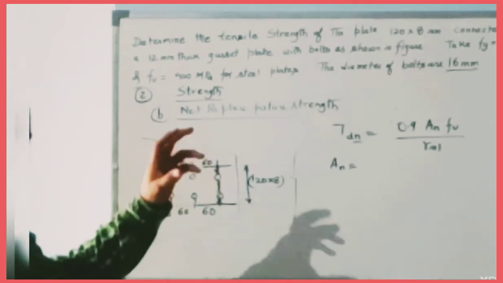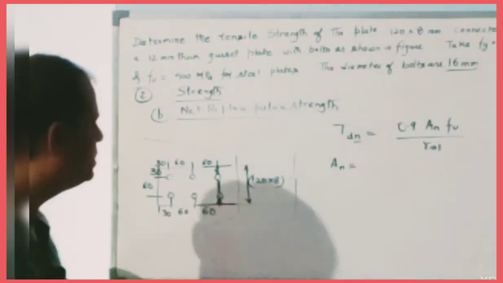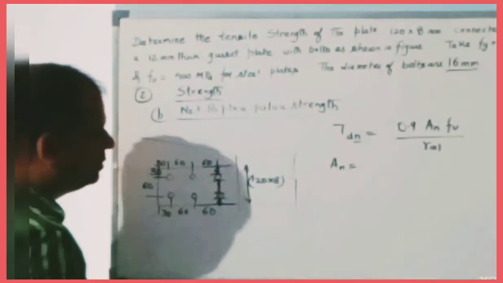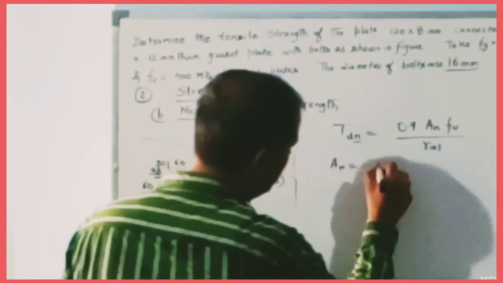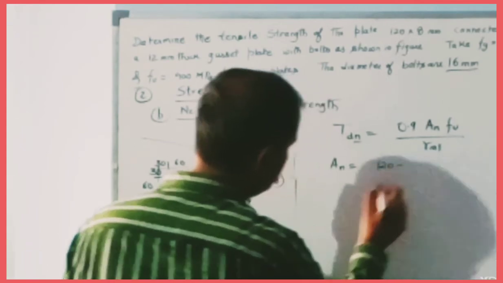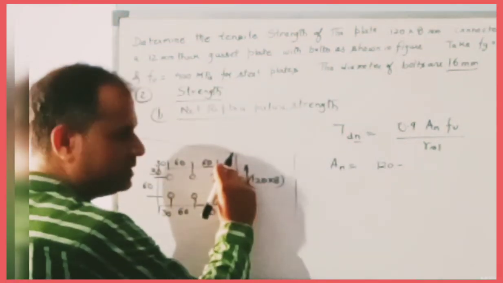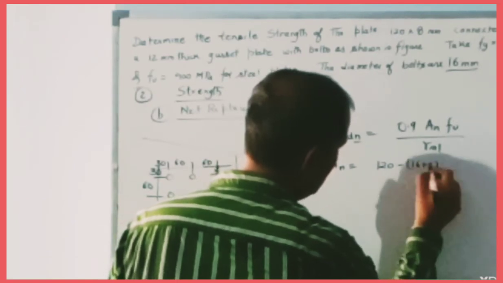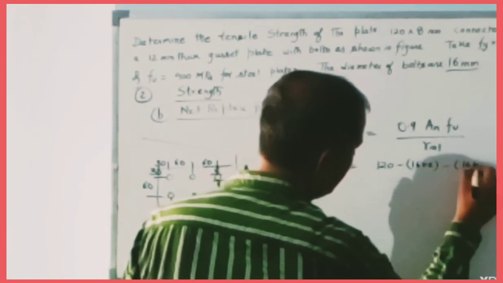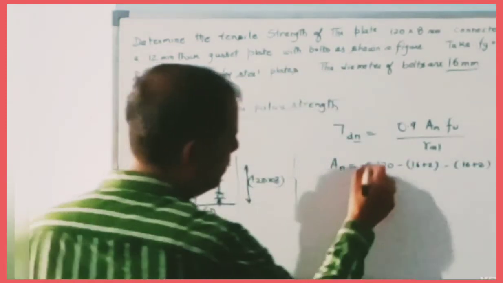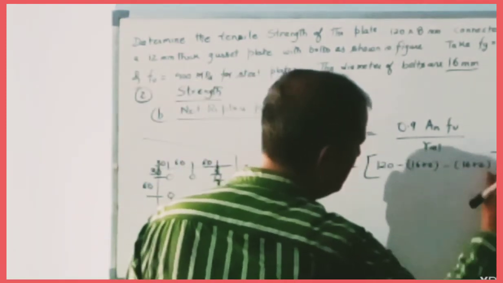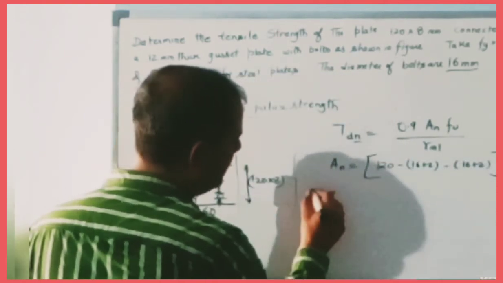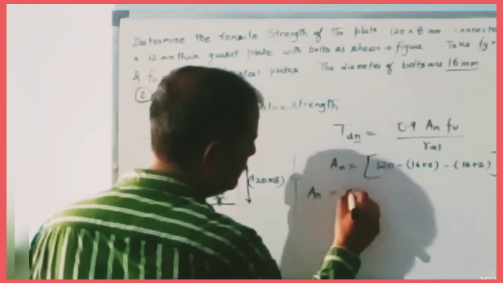So the area would be reduced at these locations by the diameter of the holes. The width will now become 120 minus the diameter of the first drilled hole, that is 16 plus 2, and minus the diameter of the second drilled hole, multiplied with the thickness of the plate to calculate the net area of the section.